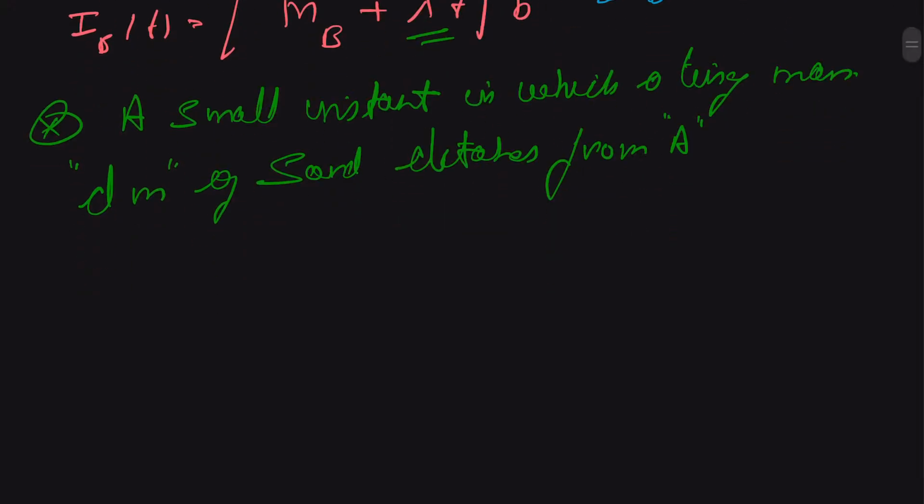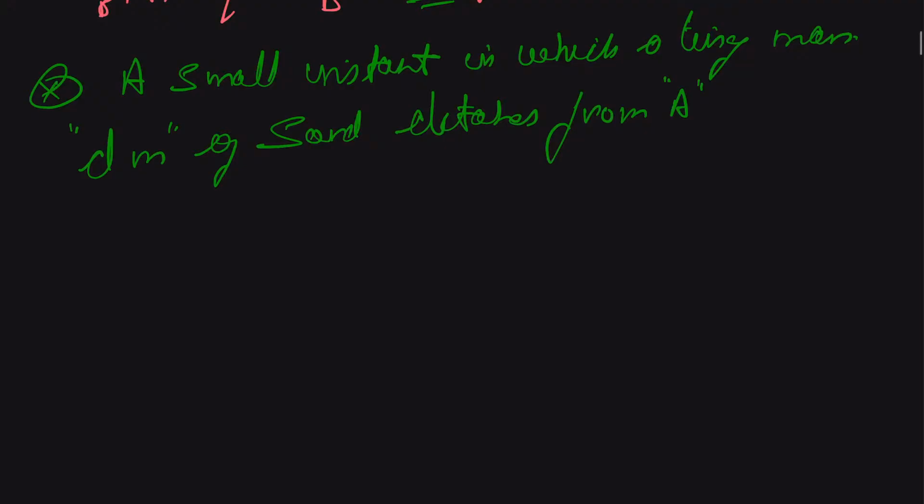So at this particular moment, at this instant, the total moment of inertia of drum A plus remaining sand in drum A, and similarly we can find out for drum B as well.